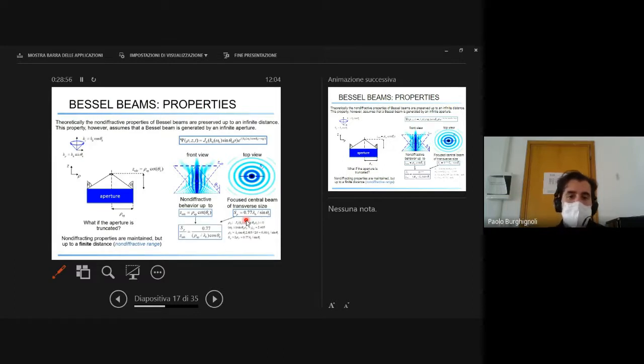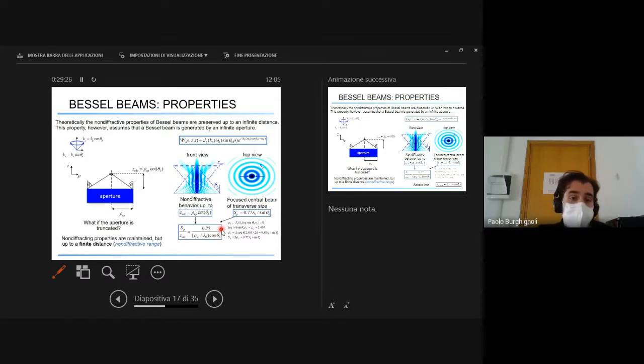The ratio between the beam size and the non-diffractive range is a sort of figure of merit that you want to minimize as much as possible, because you would like to have the smallest beam possible that reaches the farthest distance possible. It is a function of the axicon angle that goes as the secant of this angle.